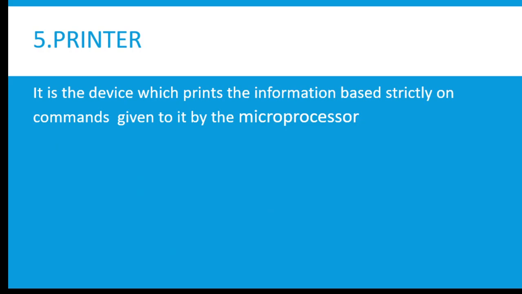Next, to take the output of the data which we have processed, we use printers. It is a device which prints the information based strictly on the commands given to it by the microprocessor. So we already know about printers and various types of printouts.